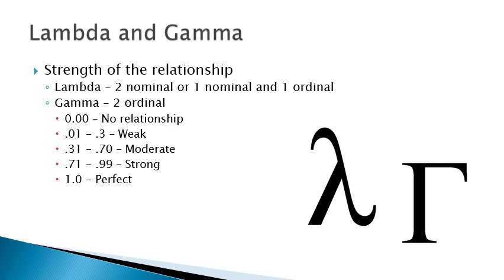If you ran a chi-square on that, do you think there would be a relationship between income and education? Well, since you're all getting your education, I would hope you would say yes on that. So now we've got income and education, and we think there's going to be a relationship. Now we run a chi-square, and yes, lo and behold, there is a relationship. Now we're going to run a lambda or a gamma.